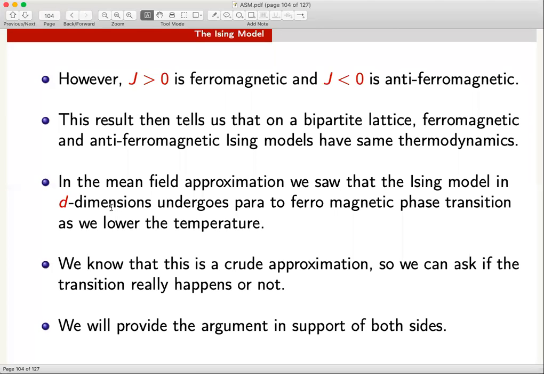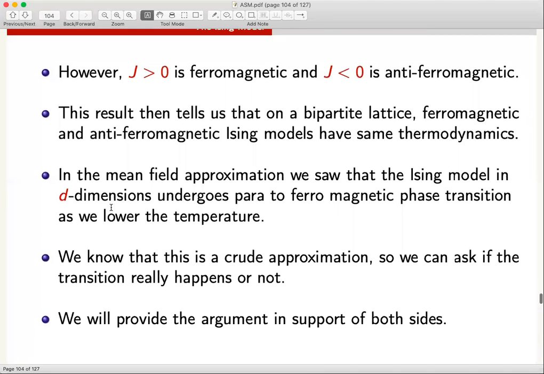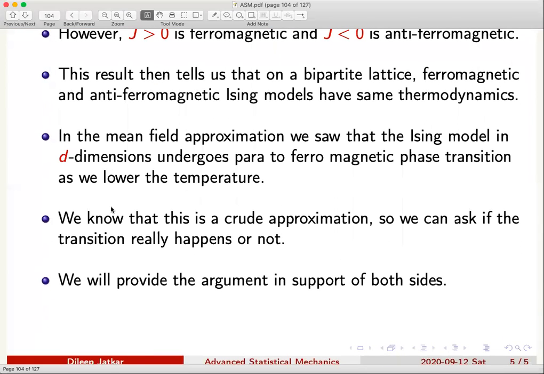You also see that in the mean field approximation, but you know the mean field approximation is too crude, and you really want to know whether there exists any realistic phase transition, or whether these are just crossover phenomena where things remain analytic and well behaved and the system switches from one state to another in a very smooth manner. A phase transition is not like that. It is something where things become non-analytic, and we saw even in the mean field approximation the non-analyticity develop in certain derivatives of free energies, for example.